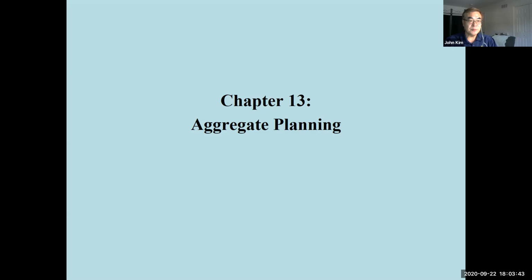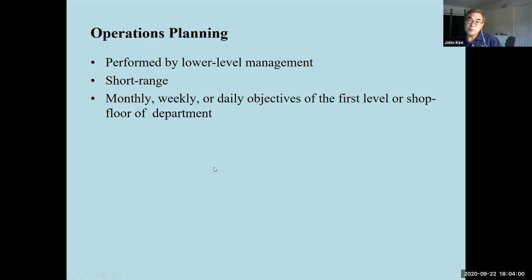In terms of the length of the period, there is long-term planning, mid-term planning, and short-term planning. First, operations planning is short-term planning.